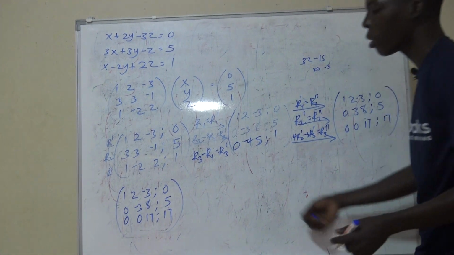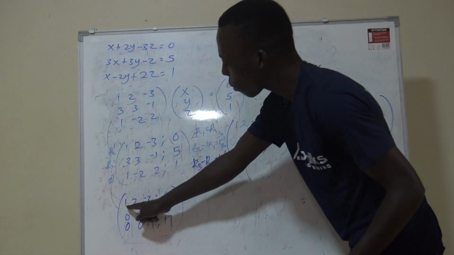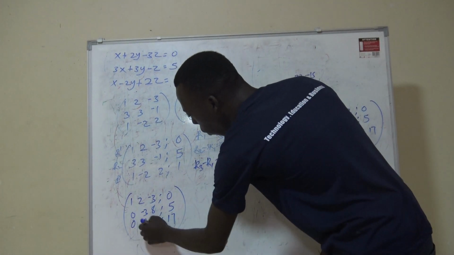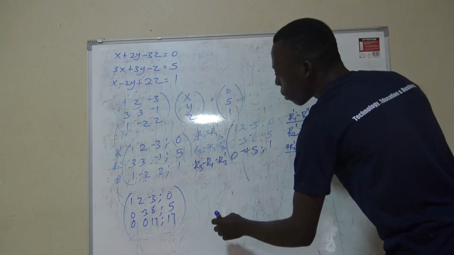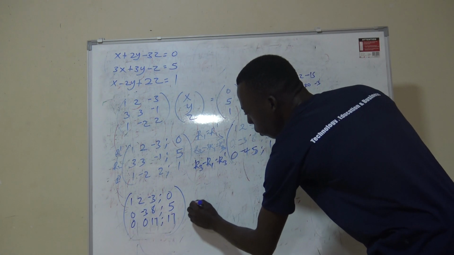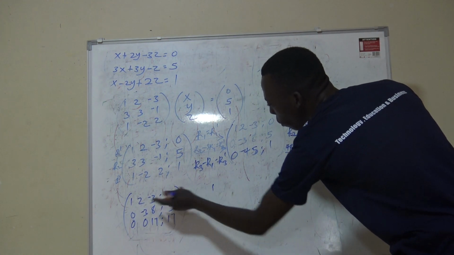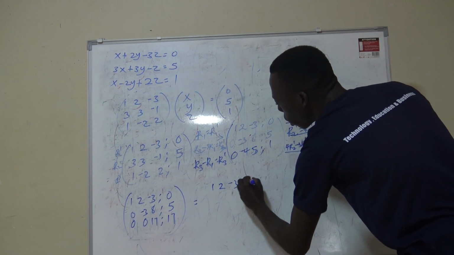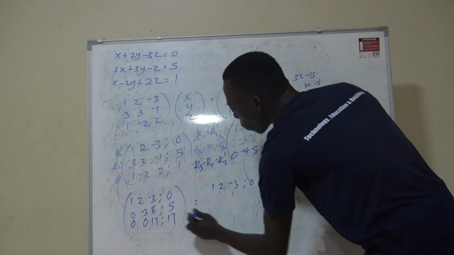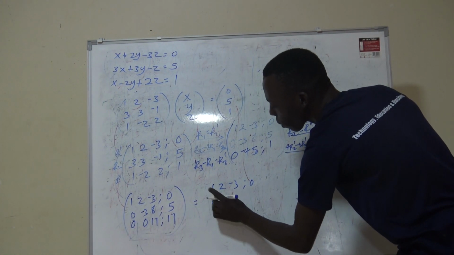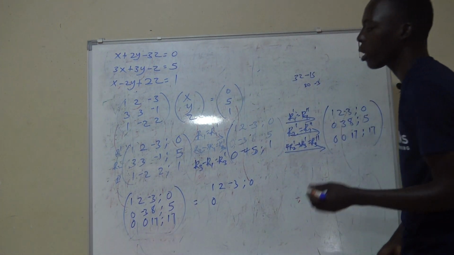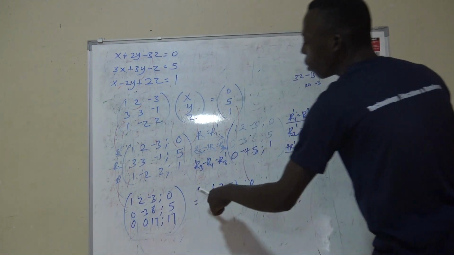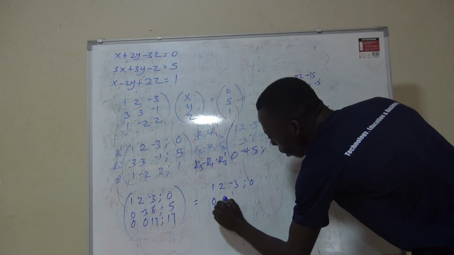So when we have something like this, we make this one in terms of 1, if these ones are in 0 form. So here what we shall have, it will be 1. This one is already in terms of 1, 2, negative 3, 0. Then this one becomes 0. When we divide this one by negative 3, divide by negative 3 all through, it becomes 1.